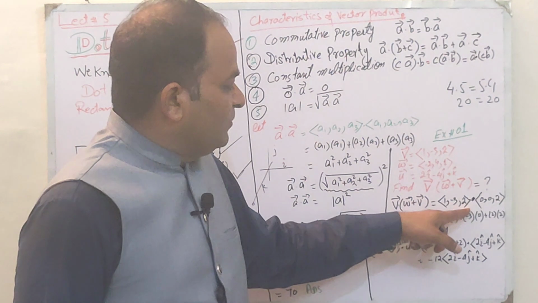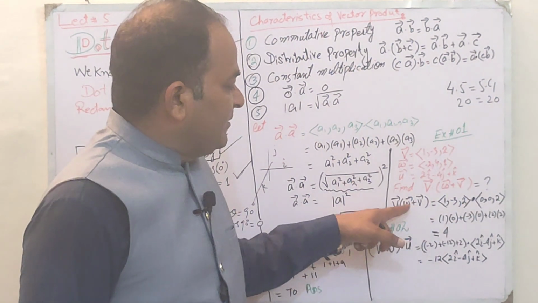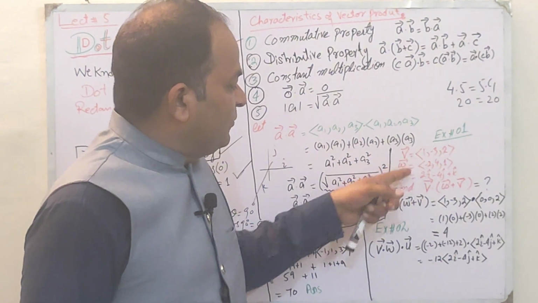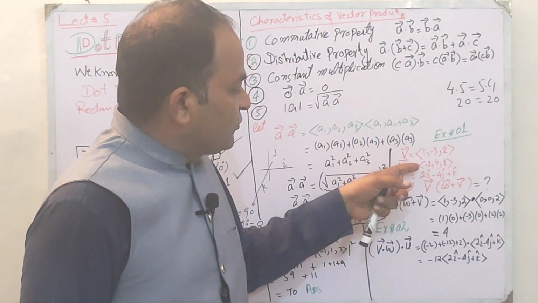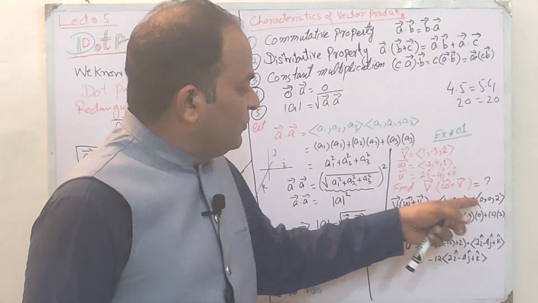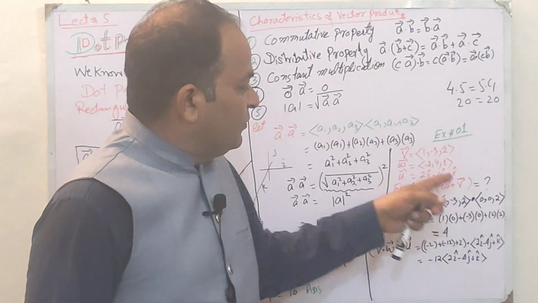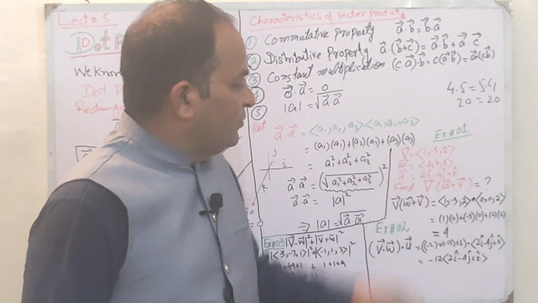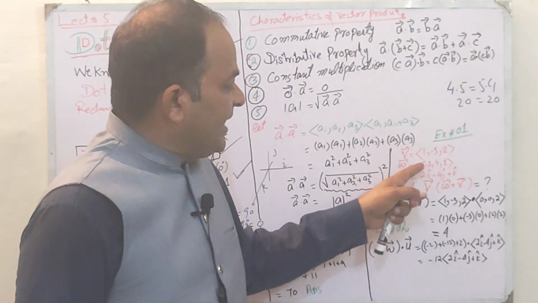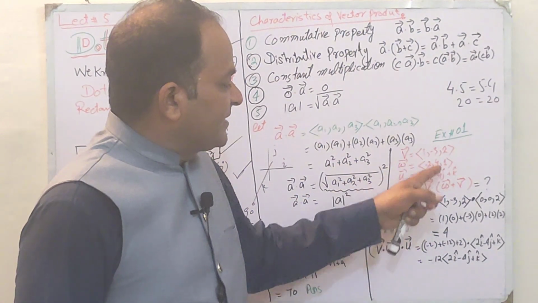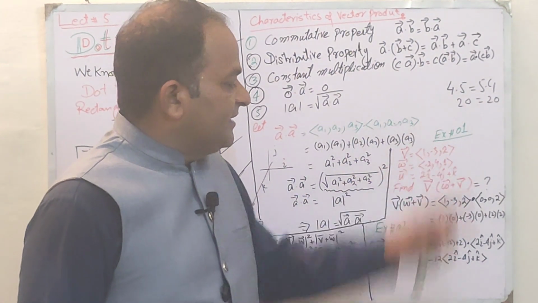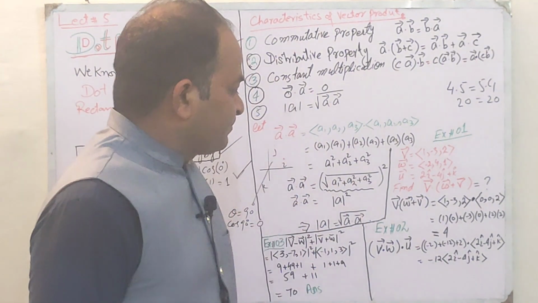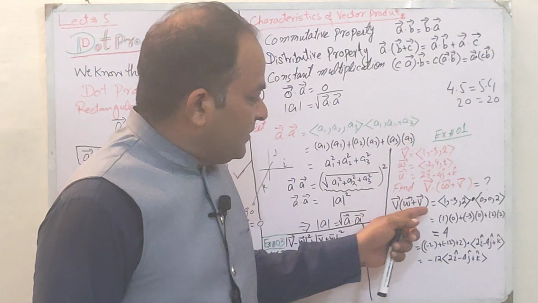For the position vector w plus u, just add w and u: minus 2 plus 2 is 0, 4 minus 4 is 0, 1 plus 1 is 2. We just need to add the x components, y components and z components of vectors w and u.